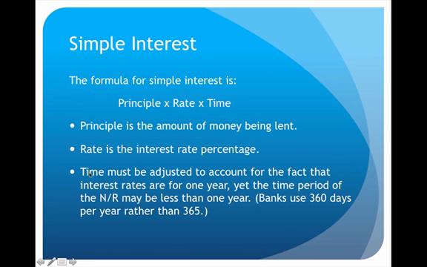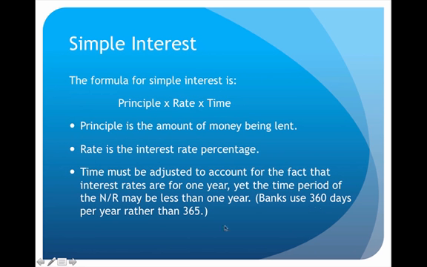And then time is a factor because interest rates are actually for 1 year, but the time period involved will probably be less than a year. So as a result, we have to account for that. The way it works is we use banker's interest, which is based upon 360 days rather than 365.